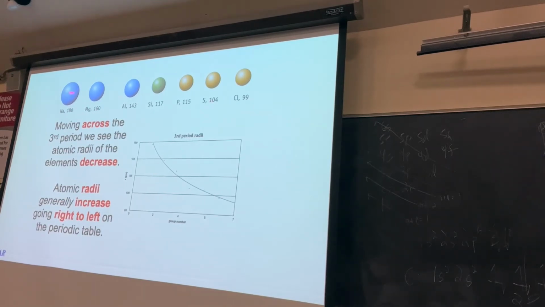There are some exceptions. Size actually decreases as you go to the right, because electrons are held on tighter, like Daniel asked about earlier. But generally speaking, left and down is bigger, up and right is smaller.